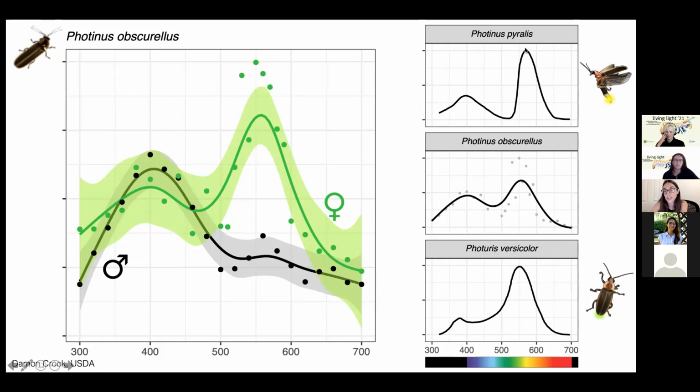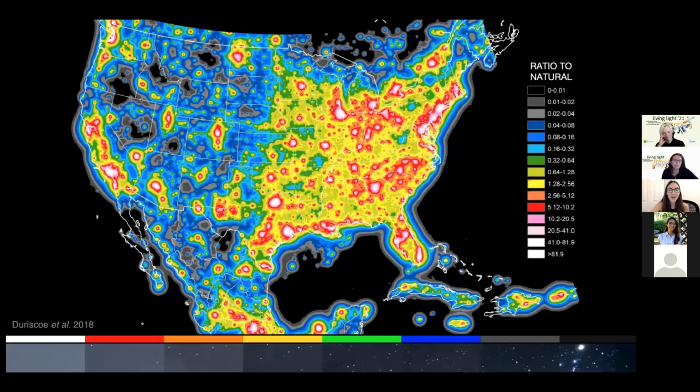So while Photinus pyralis is about 575, Photinus obscurellus, I would say, is around 555, or at least that's what my generalized additive model told me. I will be investigating this more in the future. So even though I was a little skeptical of this hypothesis, it does bear out when we have more data, which is really exciting. Okay, now here's my actual talk.